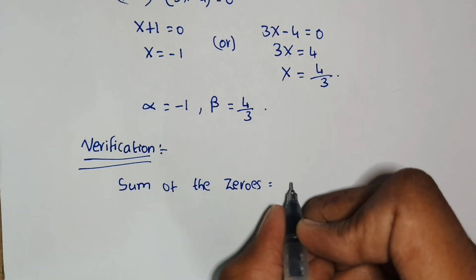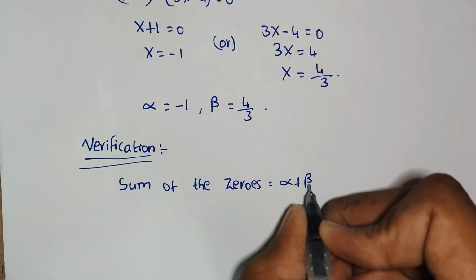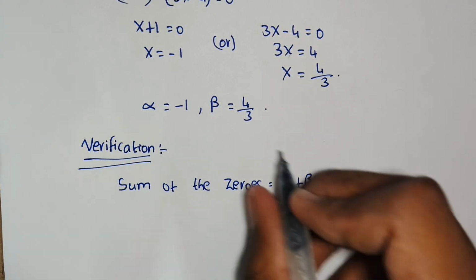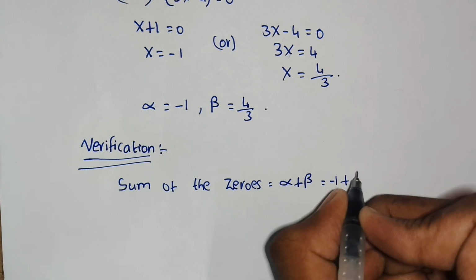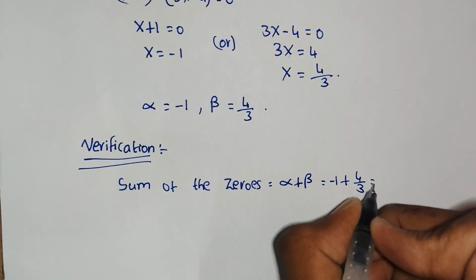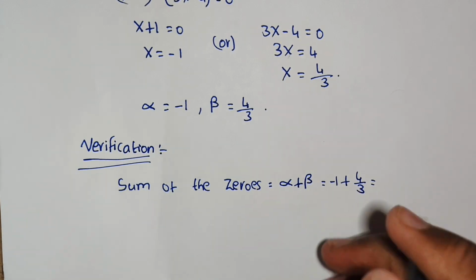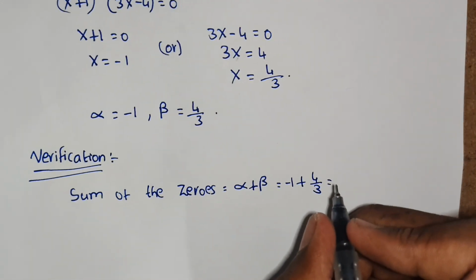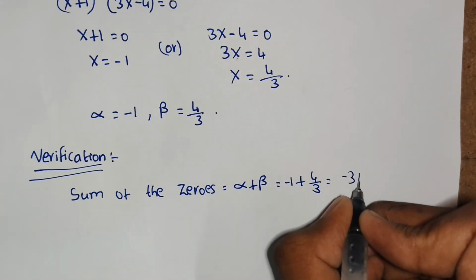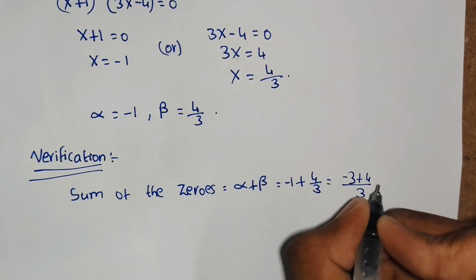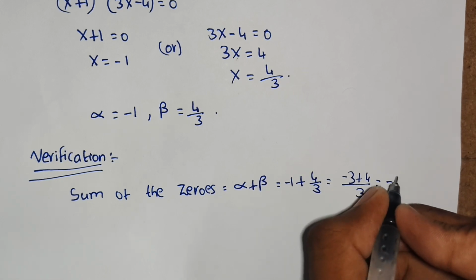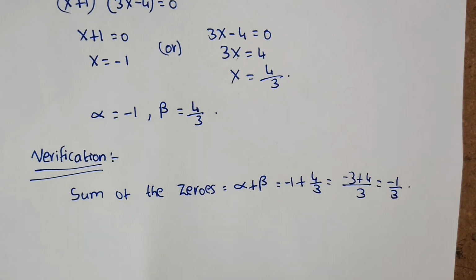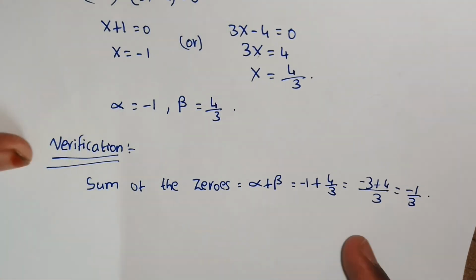What is the sum of zeros? Alpha plus beta is equals to, alpha means -1 plus beta means 4 by 3 is equals to -3 plus 4 by 3 equals to 4 minus 3 means -1 by 3. We got the sum of zeros.